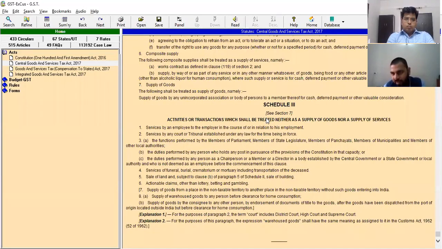So what it essentially boils down to is whether a director is an employee or not. Because if he or she is a director and is also an employee, then that particular service rendered to the employer will not be amenable to GST at all.